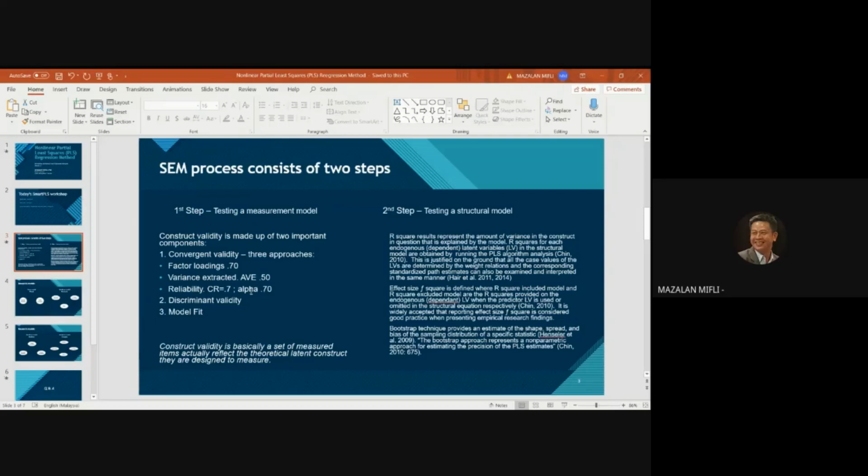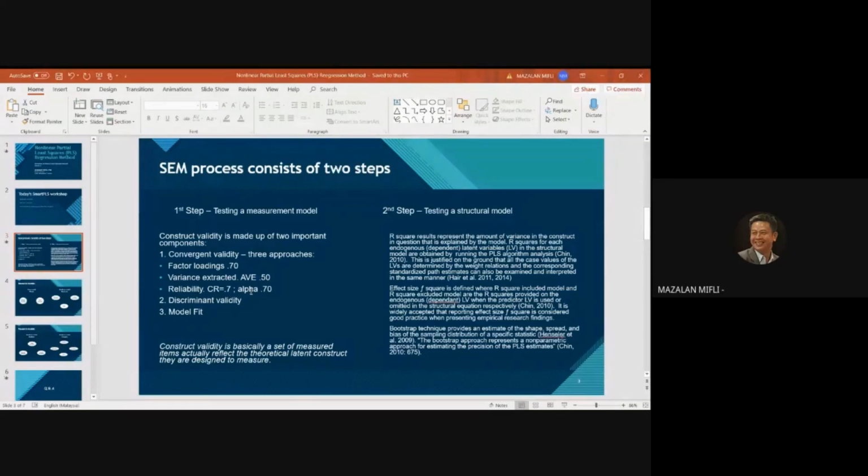And of course, there are discriminant validities. In previous PLS, okay, we only reported the square root of the AVE in comparison to the correlation values of the indicators, to ensure that they are lower than the square root of AVE.